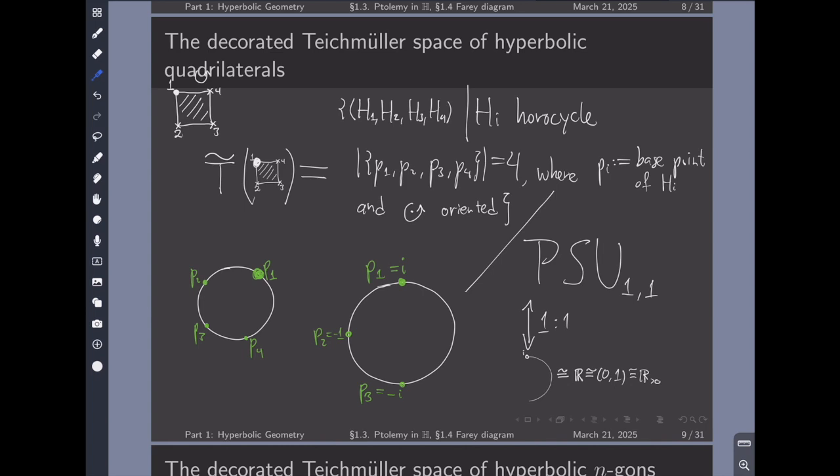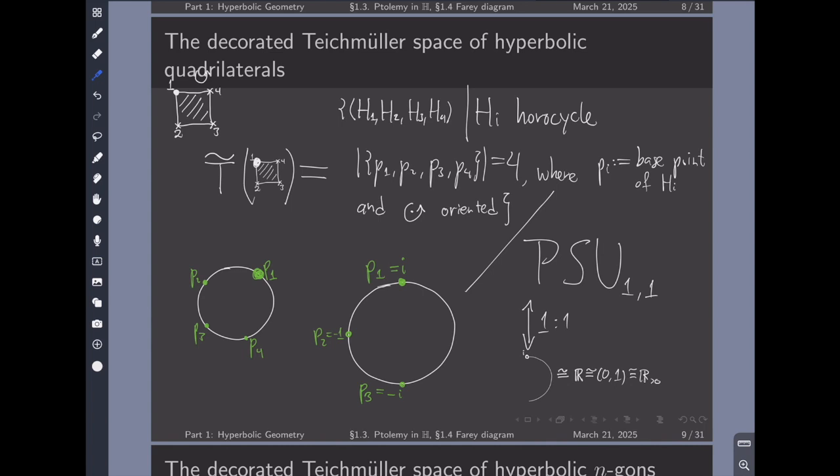And now this space is a lot bigger than the one before, because now at each point I have one real parameter of freedom, because for instance here I can choose any horocycle, so I can choose this one, or this one, or whatever, where the extra degree of freedom comes from simply choosing the Euclidean radius of the horocycle, which is a number in the open interval 0, 1.